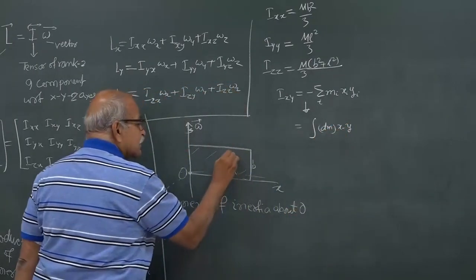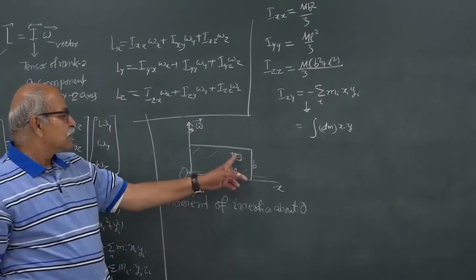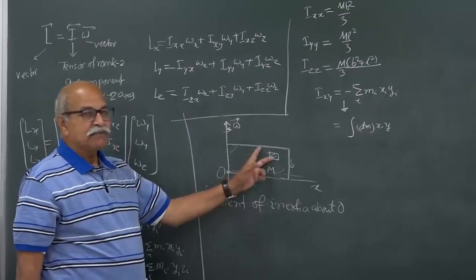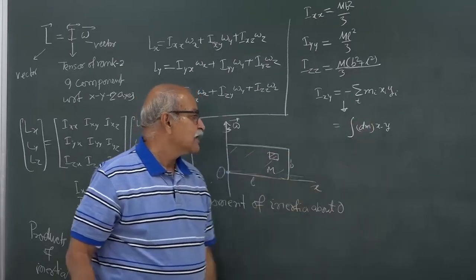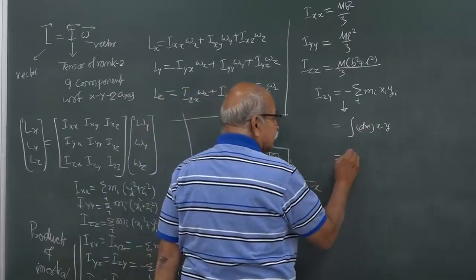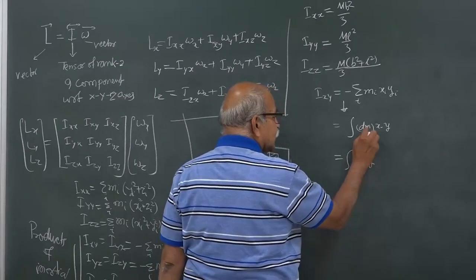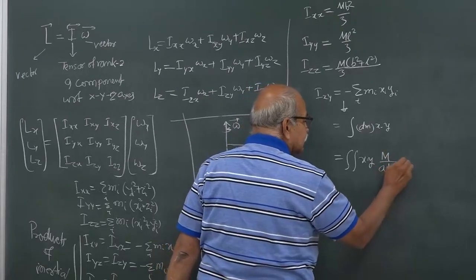So, you take an element here, some dx dy, small element, see what is the mass here, what is the x coordinate, what is the y coordinate, multiply. So, mass here is dm, x coordinate is x, y coordinate is y, so multiply, and then this is x into y. What is dm?